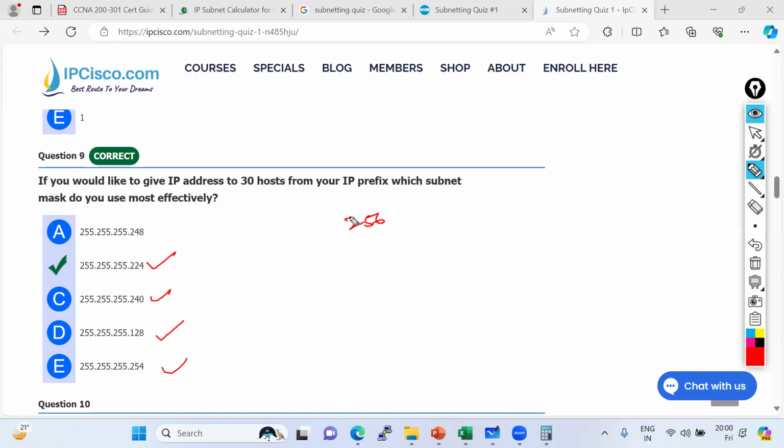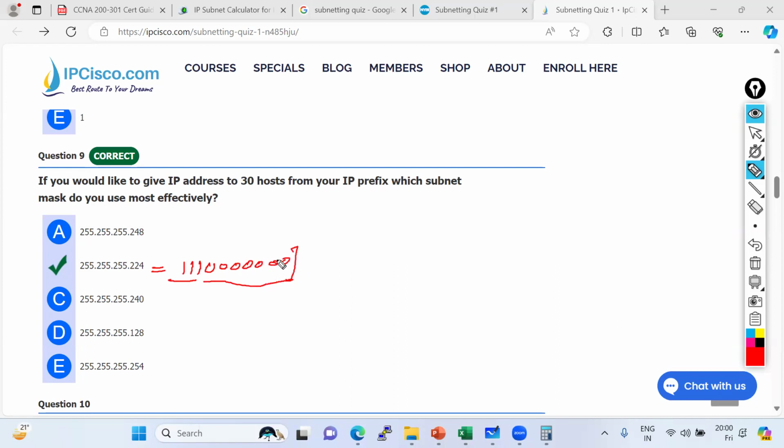If I want to convert 224 to binary, it is going to be 1, 1, 1, meaning 128, 64, 32, and then the rest are 0, right? So these are the fixed bits, and these are the host bits.